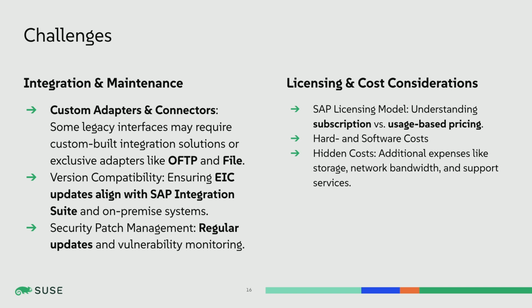And for the licensing and cost considerations, the SAP license model, so there is already subscription and user-based pricing. You have both of this. The first Edge Integration Cell is for free for each Integration Suite tenant you have. So if you have 3 stages, development, quality, and production, then you have 3 Edge Integration Cell licenses for free.